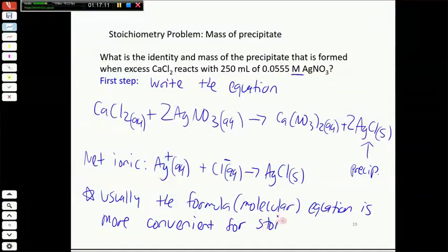So if we're doing a stoichiometry problem, usually we'll just use that first form of the equation. We don't have to necessarily write out the net ionic, although we could use it if we wanted to.